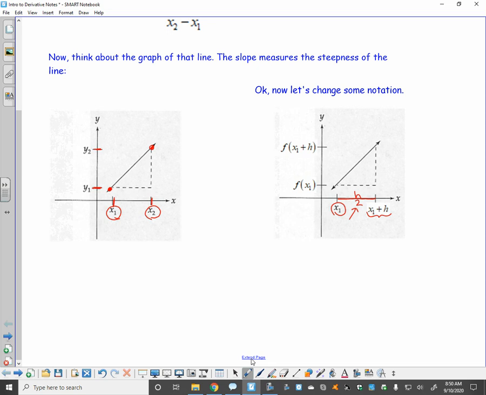Then the y value for this point is going to be f of this x value, and this y value is going to be f of this x value. So we've got x and x plus h over f of x minus f of x plus h. So the x minus x over y minus y.